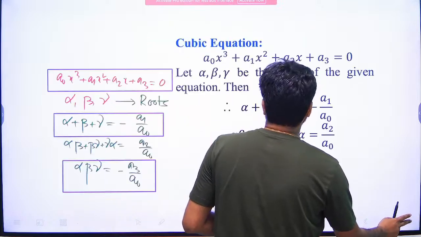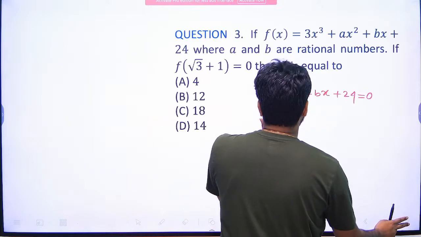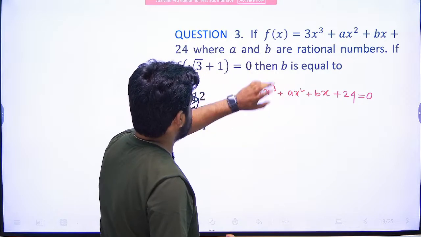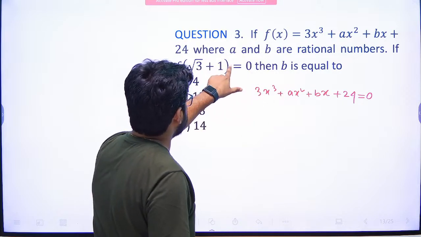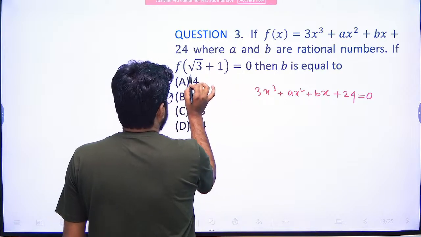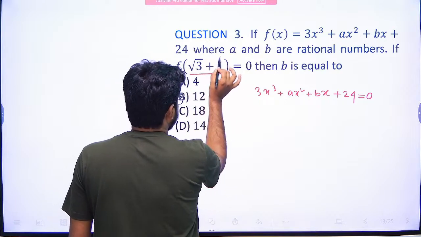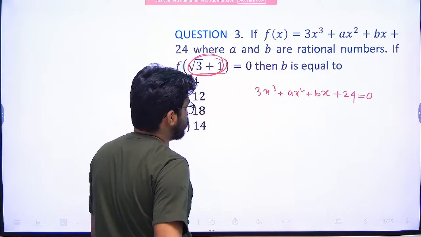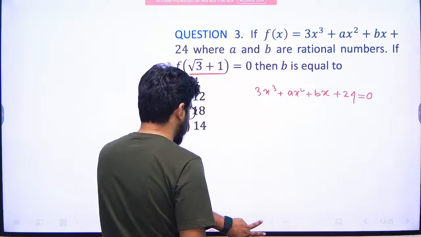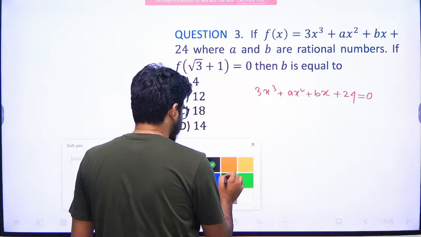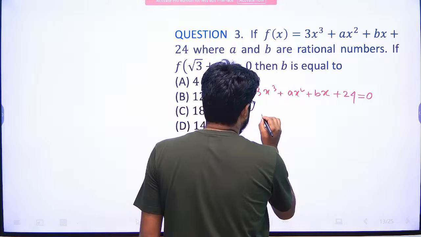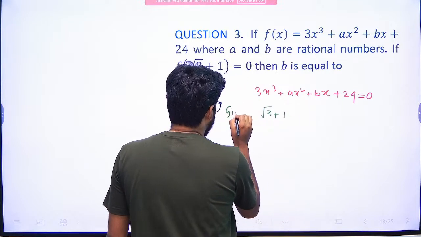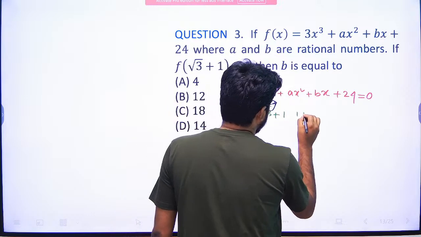So here it is given that a and b are rational numbers. f(root 3 plus 1) is equal to 0, what does it mean? That means root 3 plus 1 is a root of this equation. Getting my point? Here it is given that root 3 plus 1 is a root.